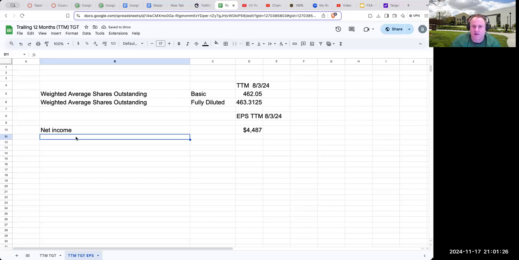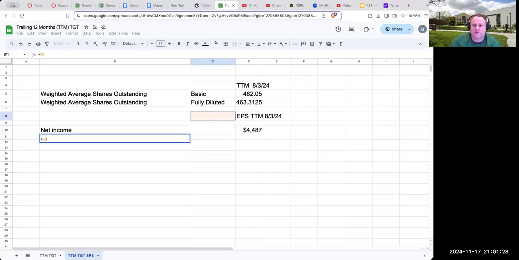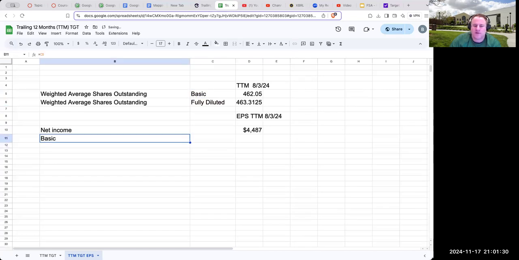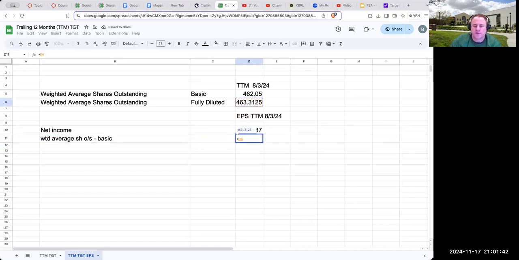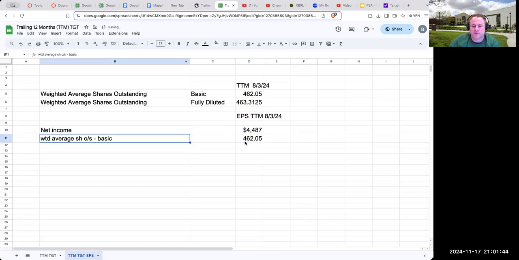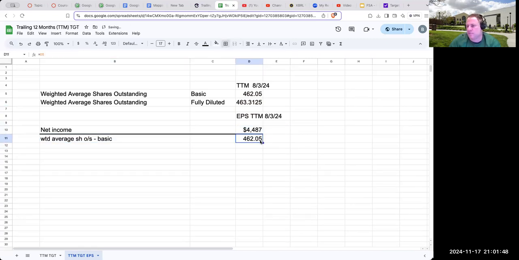So for basic, my weighted average shares outstanding is going to be 462 million shares. These numbers are in the same denominations.